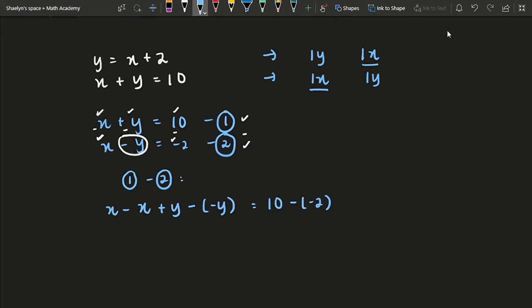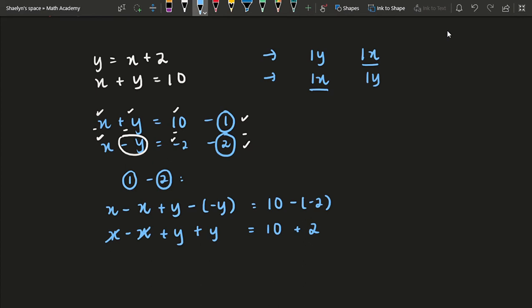So let's take out the bracket first. x minus x plus y. Until this part, we just copy down, no problem. And as you have learned earlier, minus minus, you get plus. And then 10, just copy down, minus minus, you get plus again. So this time we are really ready for solving it. x minus x, you get 0.